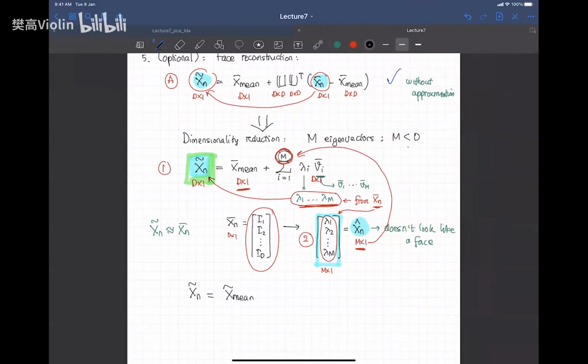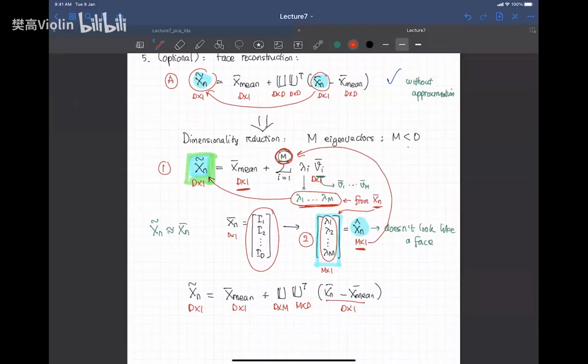So x mean bar is d by 1, plus U here is now changed to d by m. And U transpose is actually m by d. And xn bar is still the same, x mean is the same. Everything is the same. So the whole thing here is d by 1.